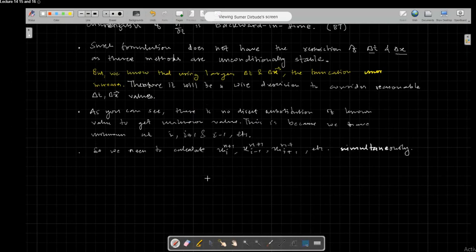If you see this equation, it looks like beta times u i minus 1 n plus 1, plus u i n plus 1, plus beta times u i plus 1 n plus 1, equals u i n. Now if you see this particular left side, we can express it in this form.